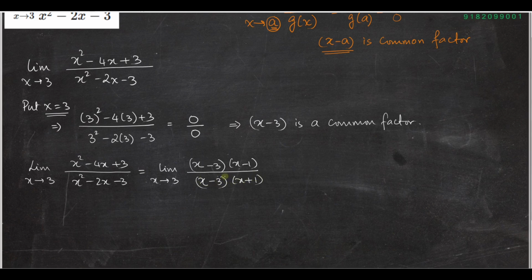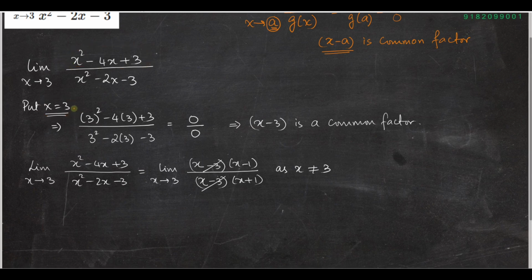So now I can cancel x minus 3 in the numerator and the denominator, saying as x can never be 3. Now you need to understand that in the first case, we directly try to substitute x equal to 3 because the numerator is a polynomial and a polynomial is continuous over all real values.